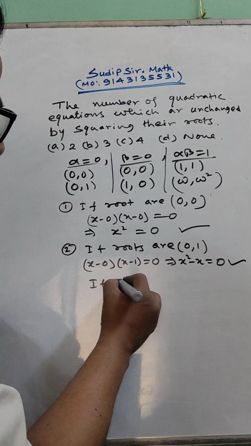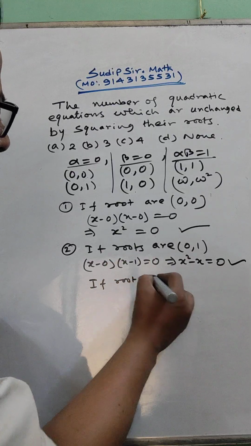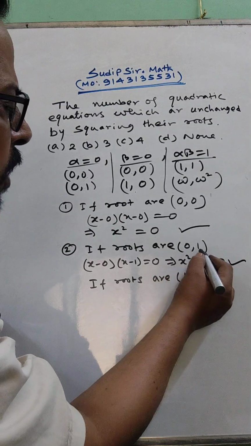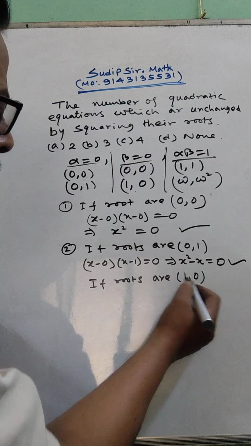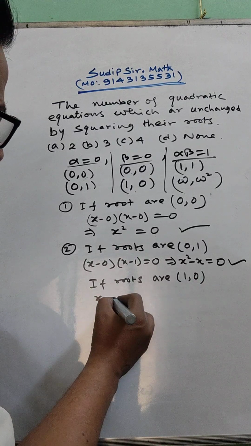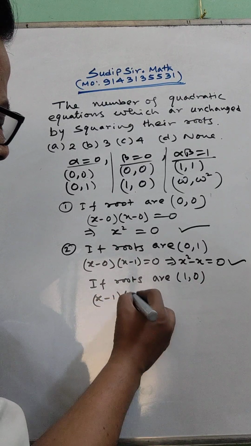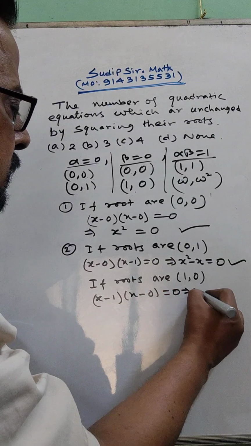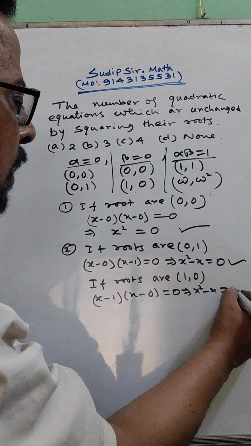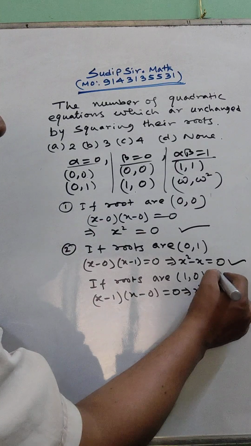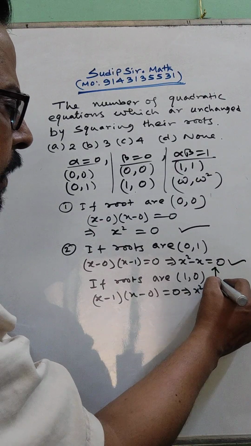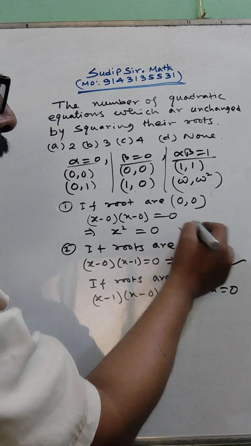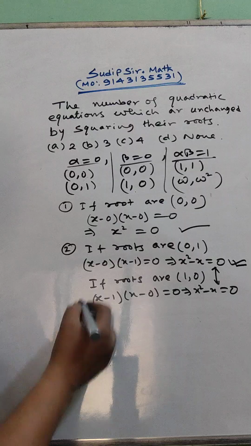If roots are 1 comma 0, alpha 1 beta 0, then also the same equation, x minus 1 x minus 0 equal to 0, that is x square minus x equal to 0. So both are the same, so for this we will count only 1. This is number 1, this is number 2.